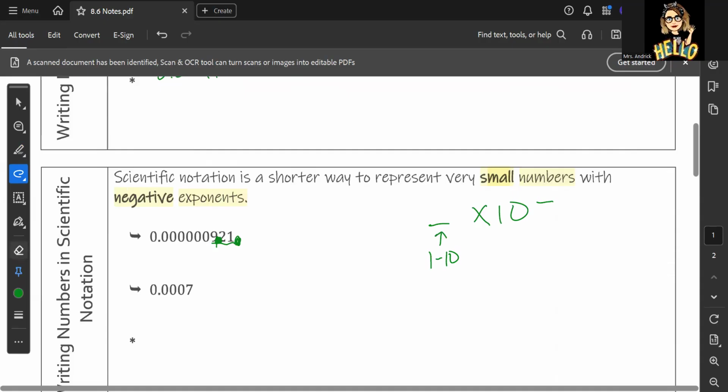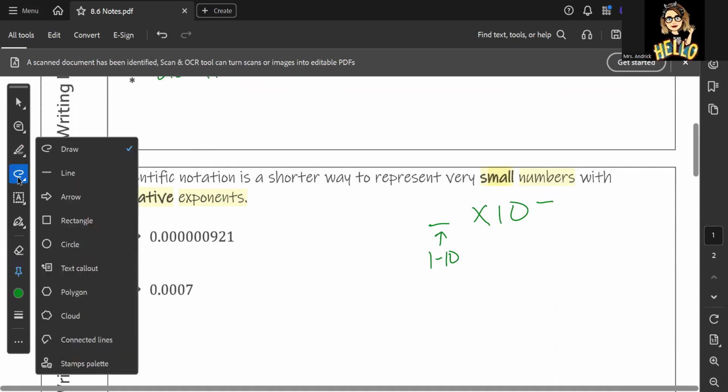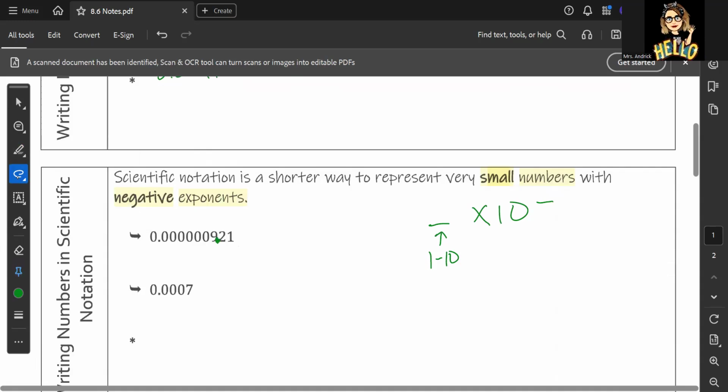So then we have to figure out how many times I moved the decimal. Well, if it's between the 9 and the 2, I moved my decimal 1, 2, 3, 4, 5, 6, 7 times. So my answer is 9.21 times 10, and instead of just 7, we're going to make it -7.